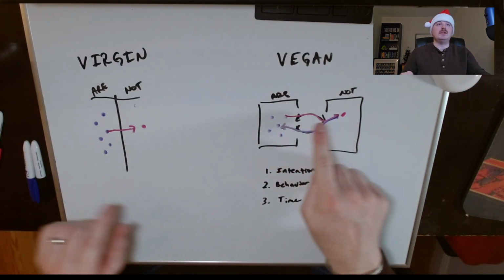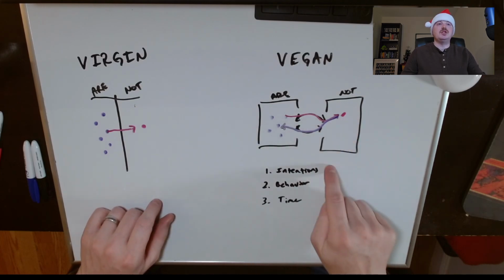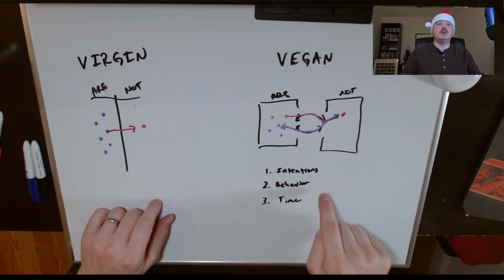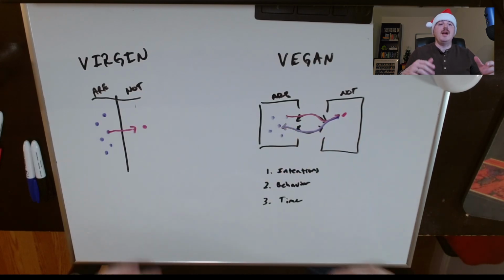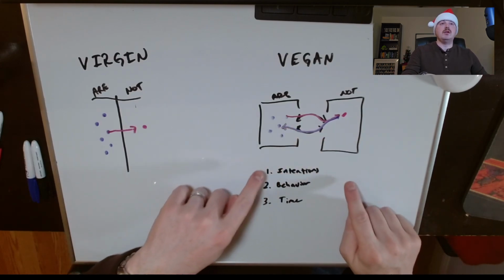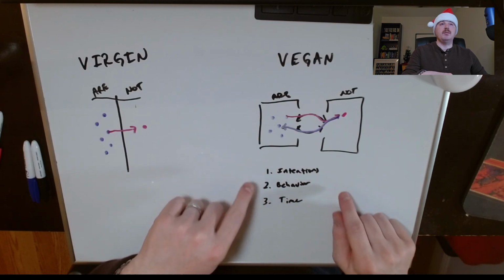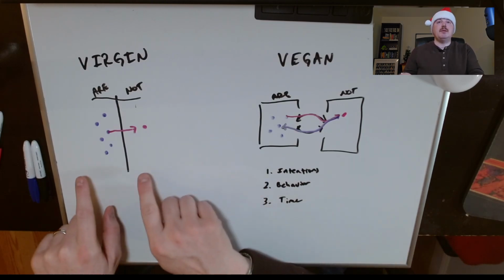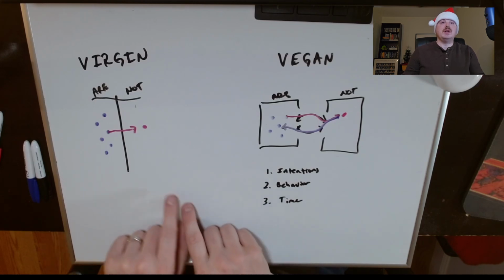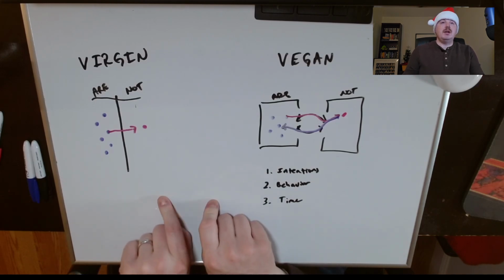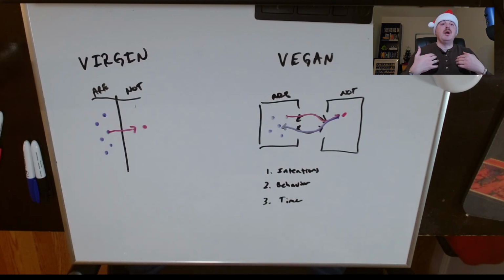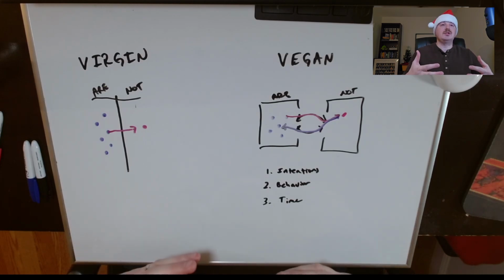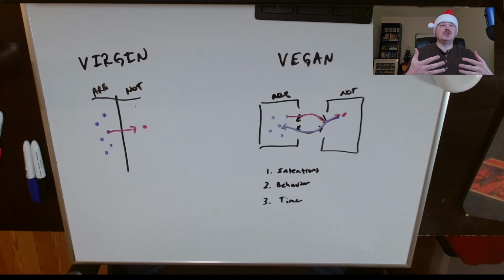So at some point he wasn't. He bought the lifetime subscription. He changed his intentions, changed his behavior, and enough time has gone by that he is now considered free to play again. However, just because this model is a little bit better because it's a little bit more nuanced, it still has the same problems that this one does, which is that whether or not you've spent money or spent money recently doesn't really tell you a lot about what a person has access to and what a person's situation is.